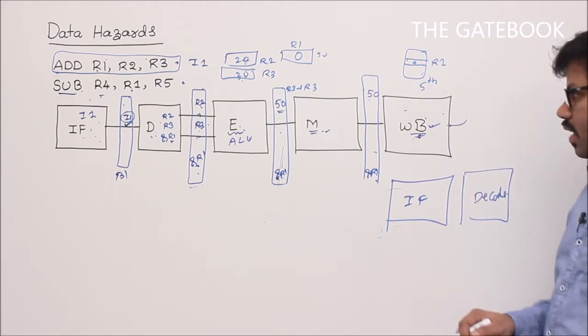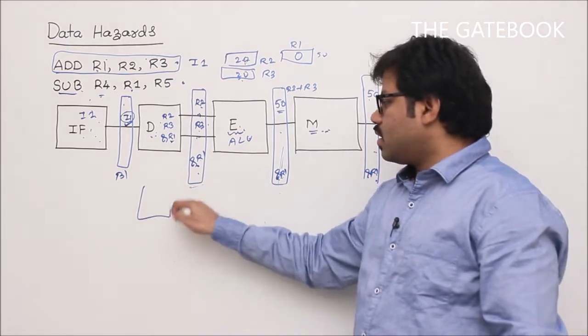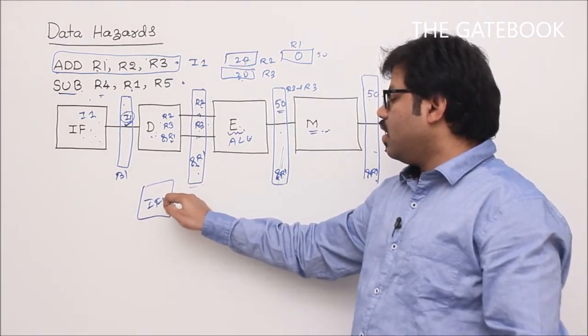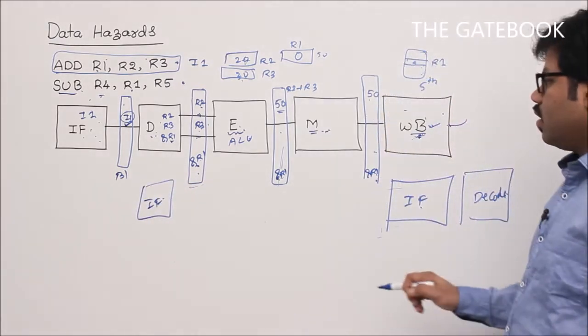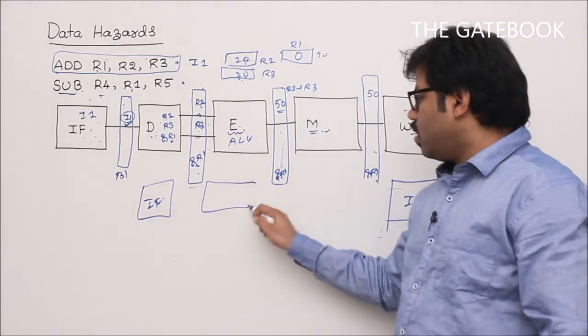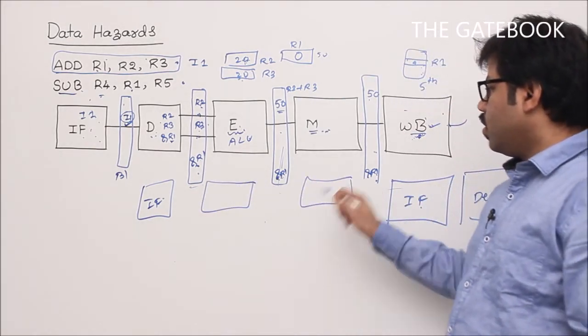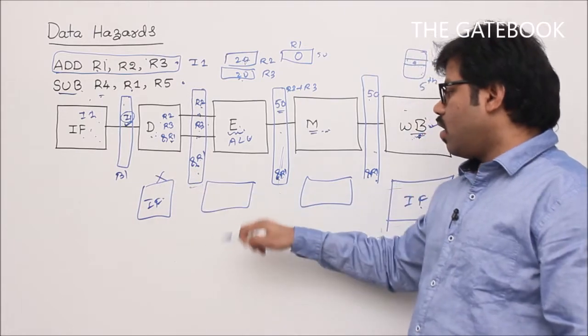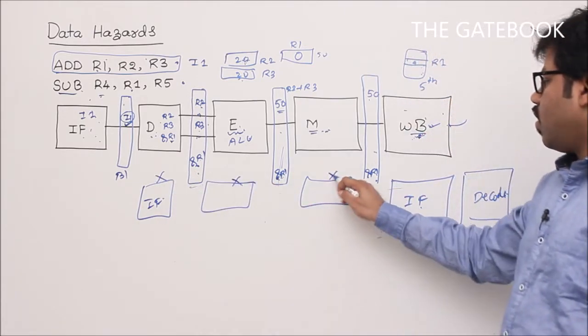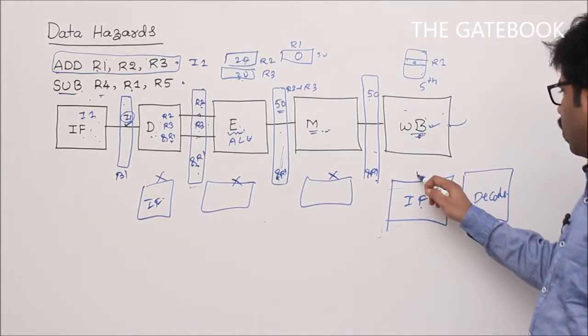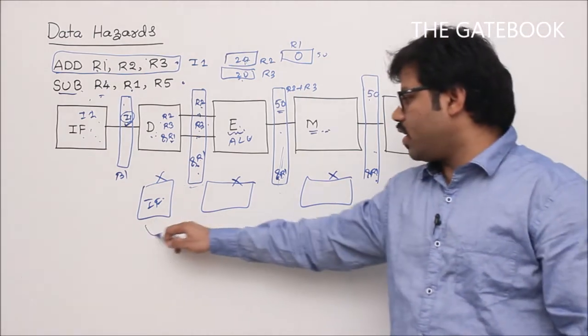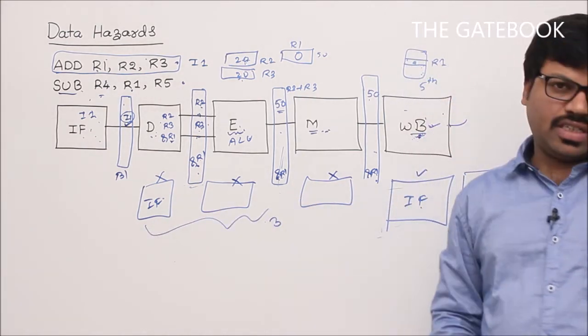So I want to say that here you thought of doing instruction fetch of the second instruction, but you are doing it here. Then this slot is wasted, this slot is wasted, and you are doing from here. Then how many slots got wasted? 3 slots will be wasted, right?